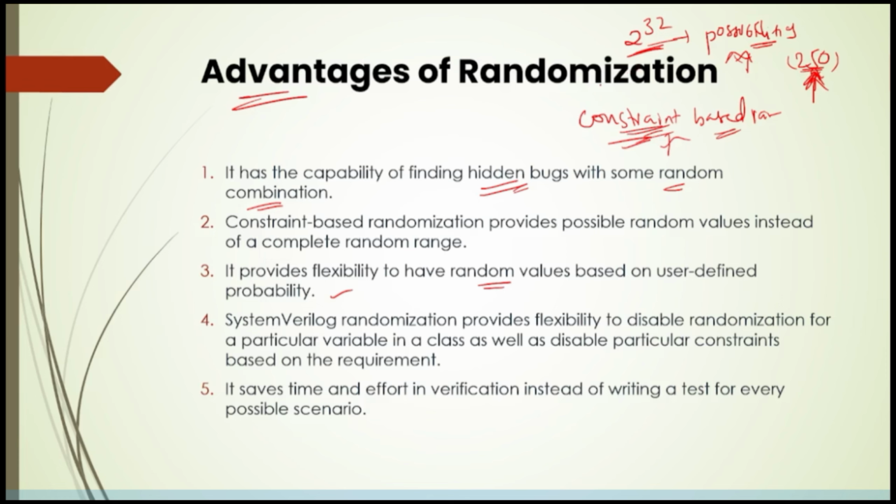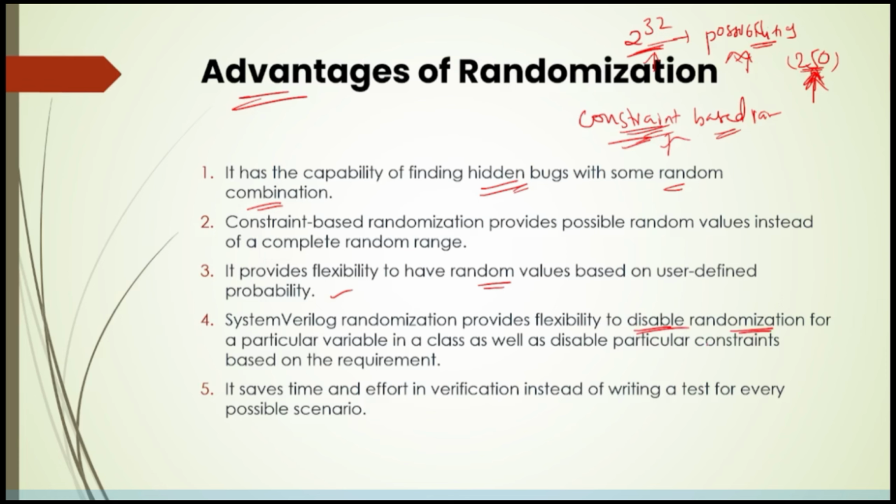But in SystemVerilog, even though you are doing randomization on certain objects, if you don't want certain objects to be randomized, you can disable the randomization on that particular object, or in that particular function, by using the disable randomization technique.